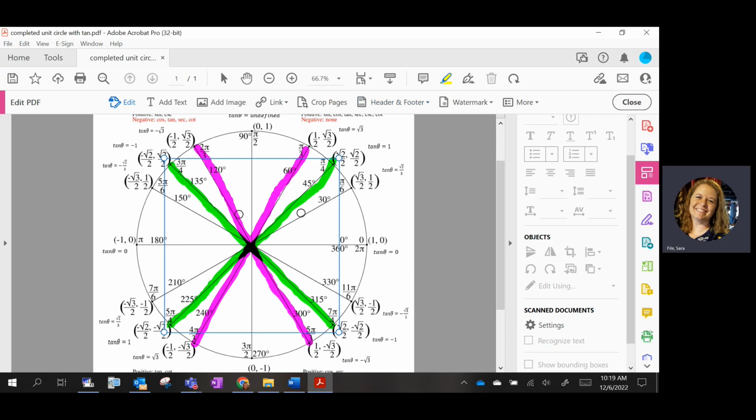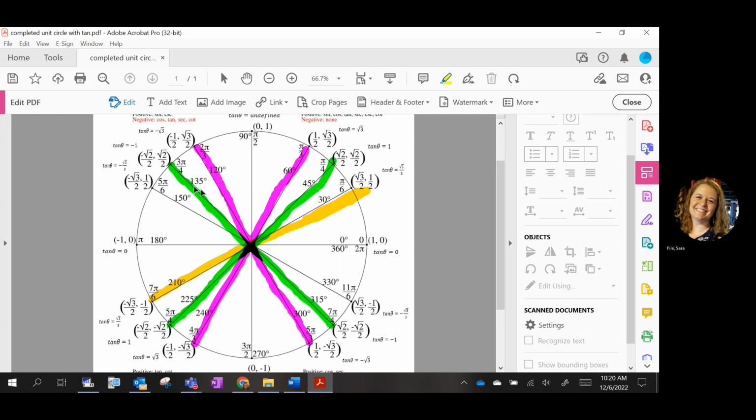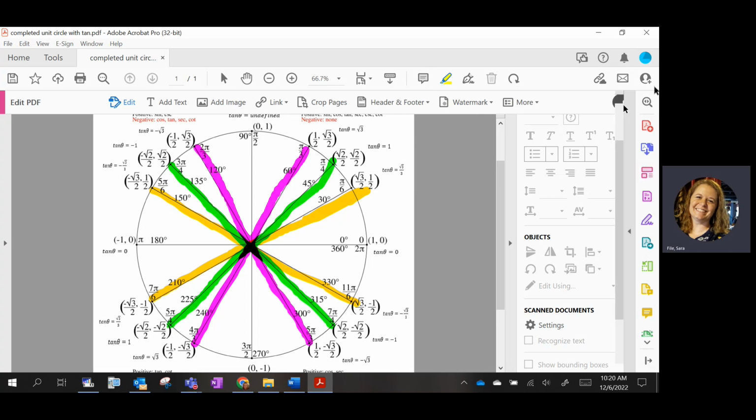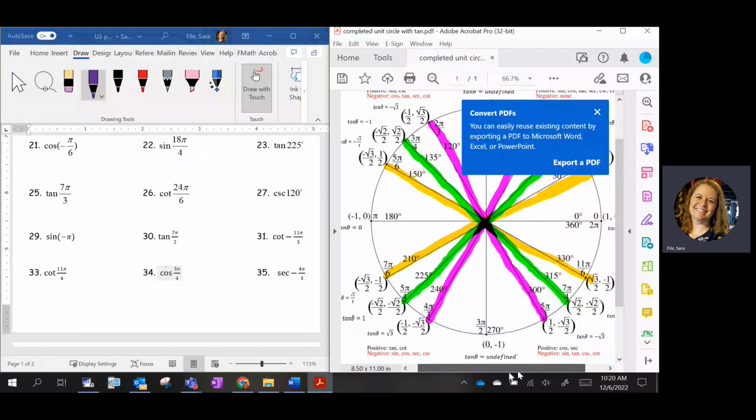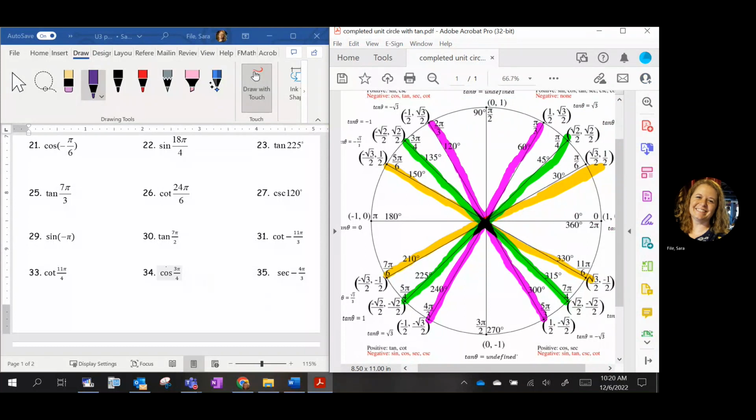All right, and then all the 30s in a third color. Okay, so that'll just make it a little easier to identify our common reference angles when we're looking at the values here.